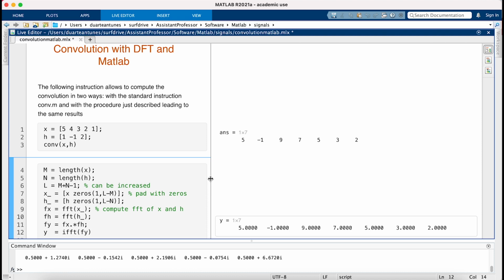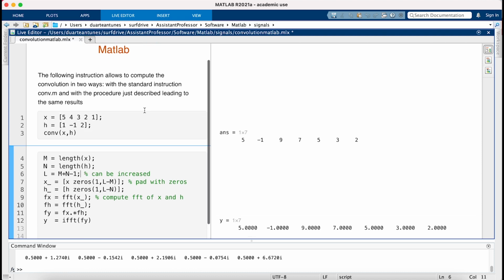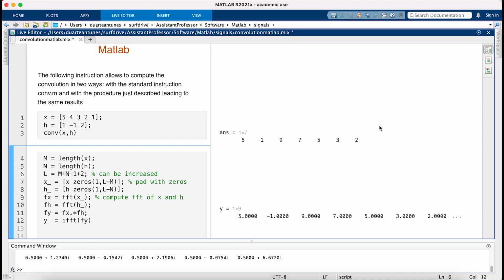Now, what happens if we increase L? We can always increase L. Let's say that we now consider the minimum value plus 2. Let's run this again. And what we get is a vector of length 9, because if we give a vector of length 9, which is capital L, to the FFT, both x and h now have length 9, we also get vectors of length 9, and when we invert it, we also get a vector of length 9.